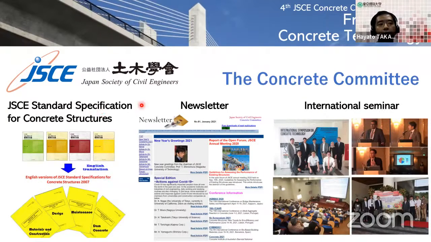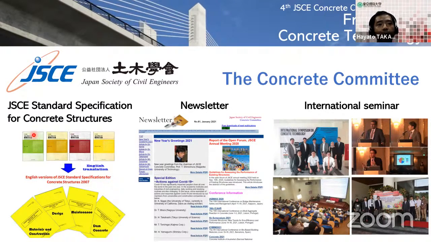JSCE also has research departments for specific research fields, and the concrete committee is one of the research committees which is holding this webinar. Our committee is involved in the technique and science of concrete engineering. One of the biggest issues is the edition of the standard specifications for concrete structures.